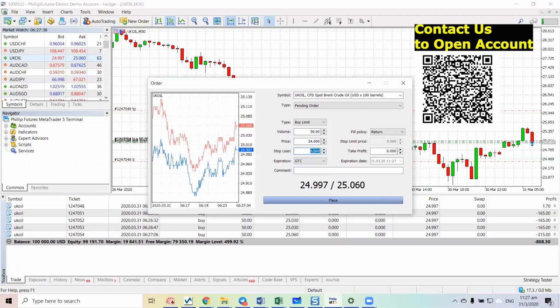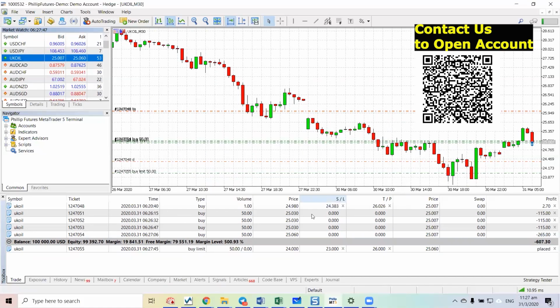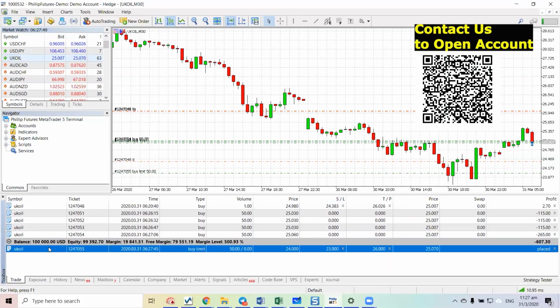You can also set a stop loss at $23 and take profit at $26 and place the order. That will be the pending order below. The top part is all live orders, and this is a pending order, which means it has not been filled yet. It's called placed.